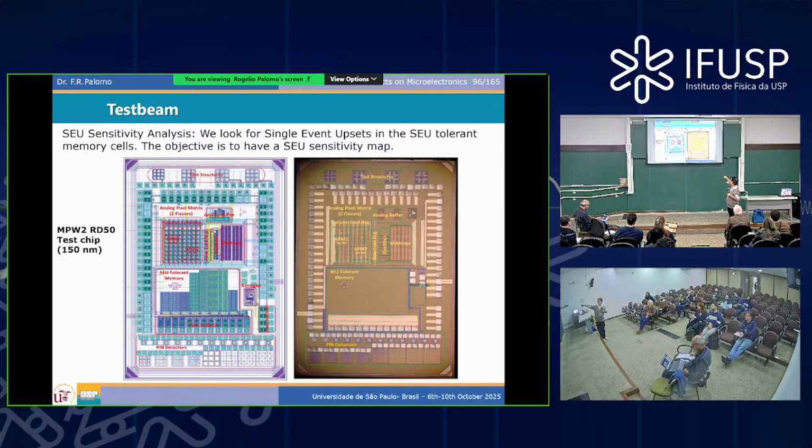And this is just a set of different memories for analysis of the single event upset in 150 nanometers from the foundry. And those are the whole details for all the test structures, the PIN detectors, etc., that we used because we were testing things for the big chip after the failure of the MPW1.